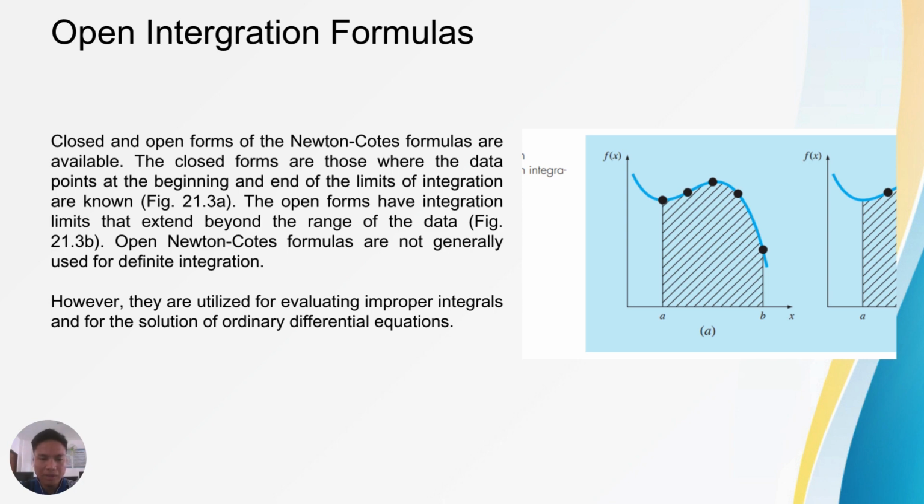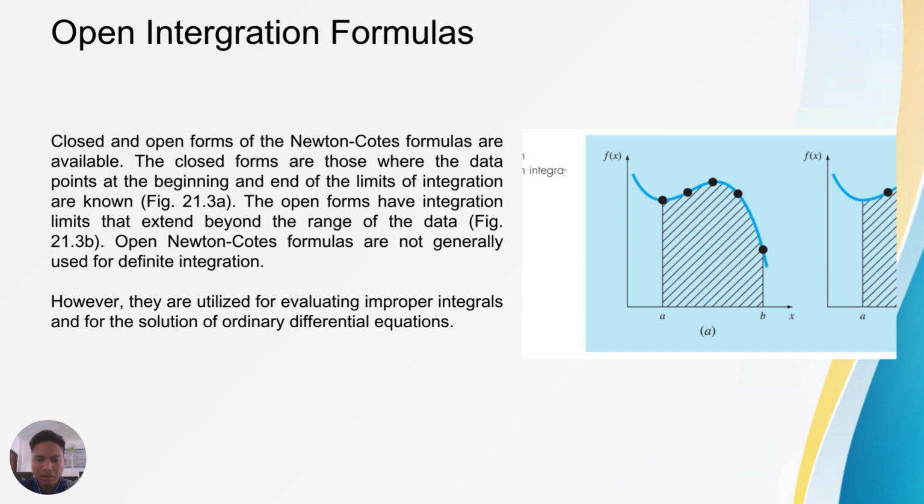the limits, or the dots there, are exactly at the beginning, at the letter A line, and at the end. The open forms, rather, have integration limits that extend beyond the range of the data.